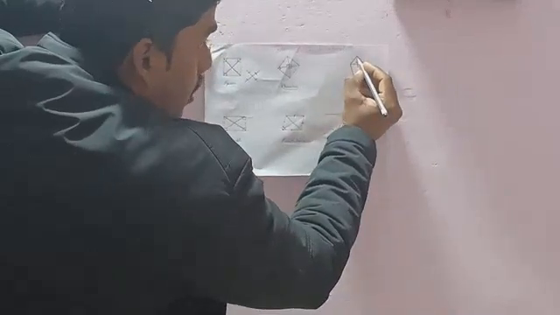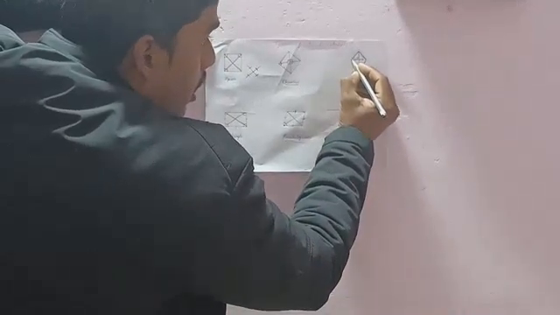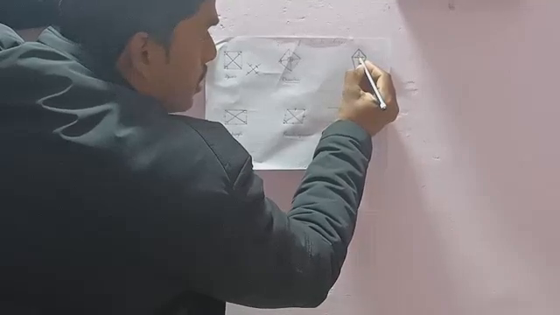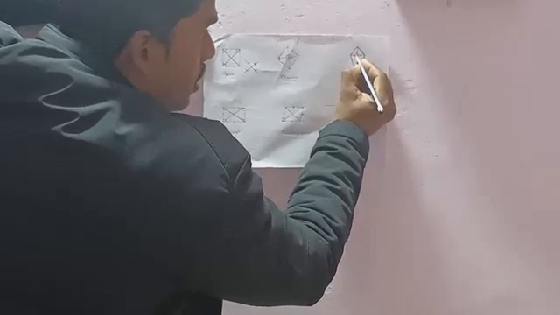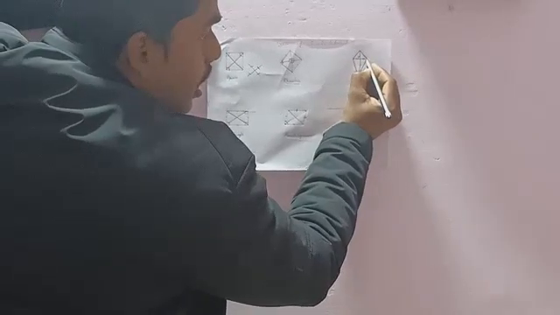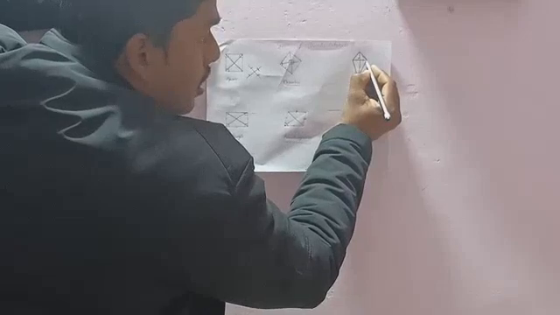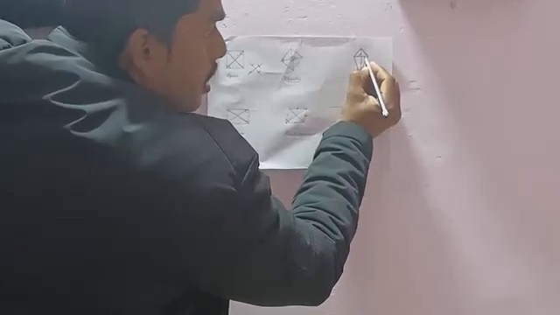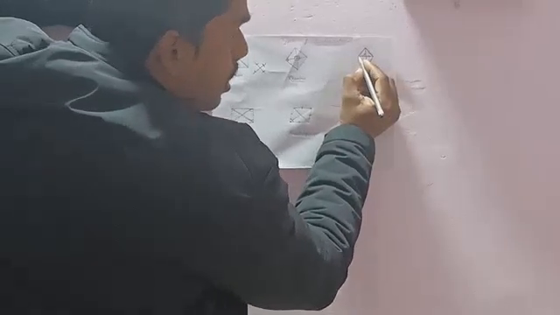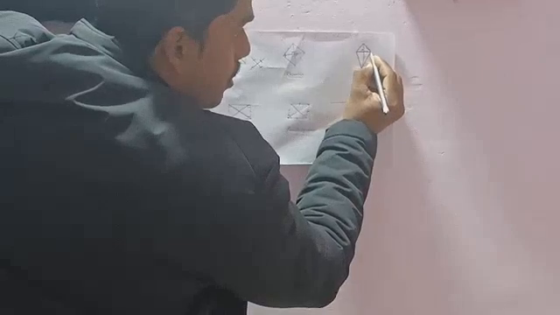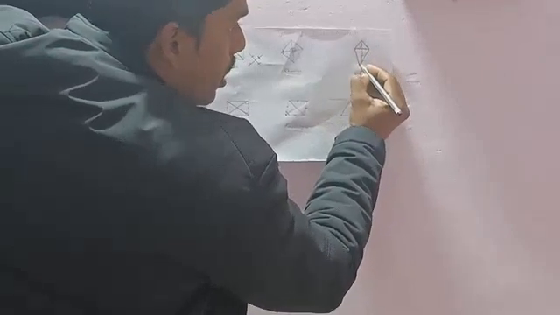The diagonals intersect each other at the intersection point, and it makes a 90 degree angle. The small diagonal after intersection becomes equal in size. So this is equal to this one, but the long diagonal is not equal in size.